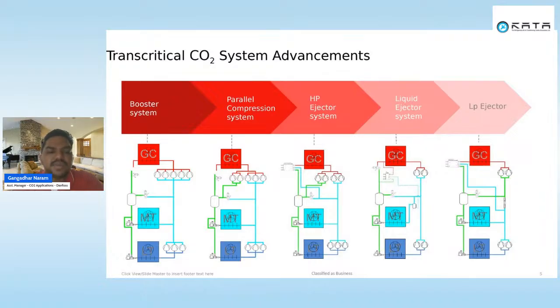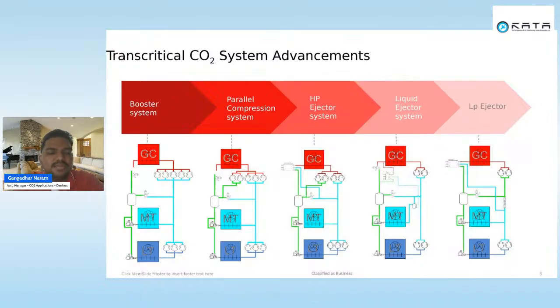The booster compressor discharge is going to my high stage compressor suction. So my high stage compressor MT evaporators, in general we call this medium temperature evaporators, and this we call LT or low temperature evaporators.